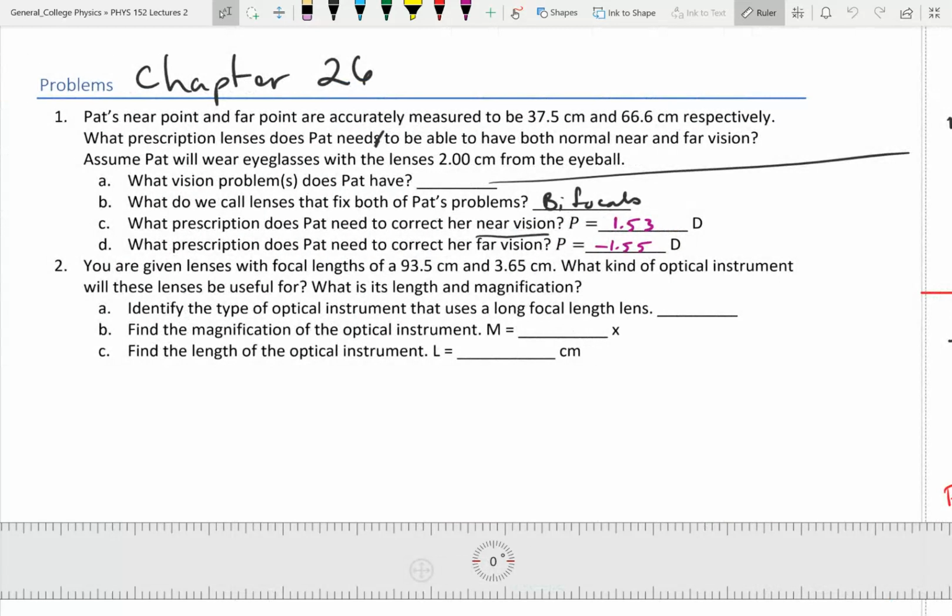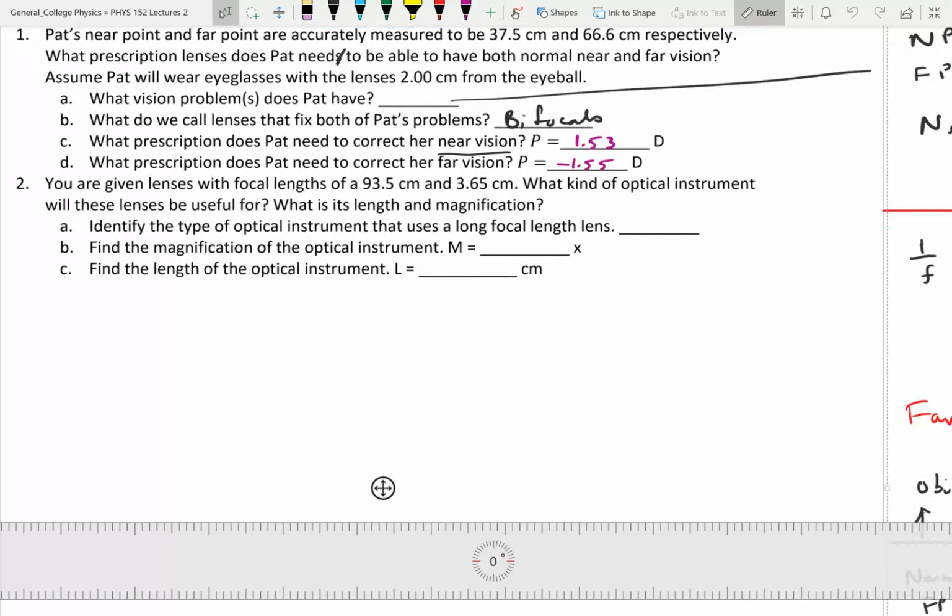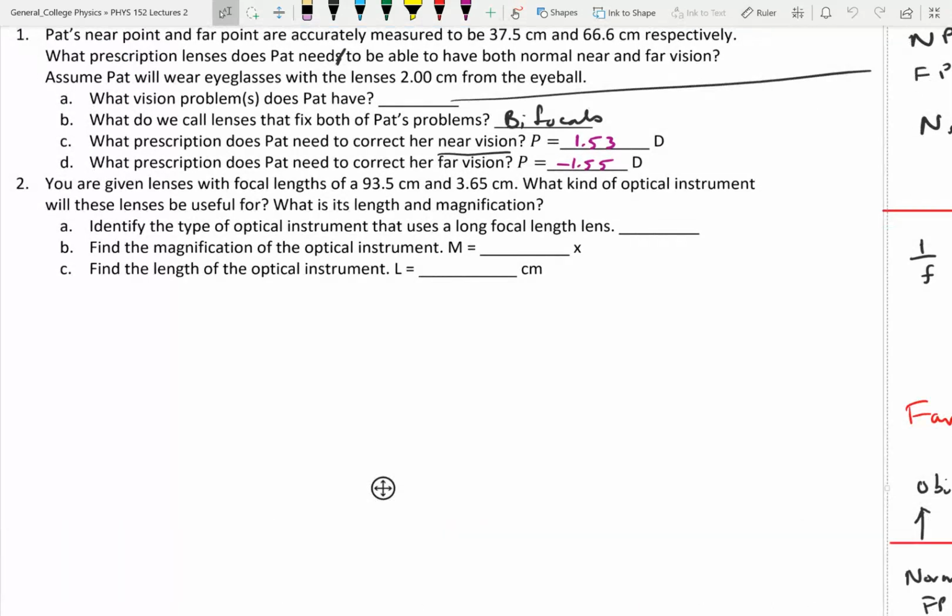All right, going on to the next problem. You're given two lenses with focal lengths of 93.5 centimeters and 3.65 centimeters. What kind of optical instrument will these lenses be useful for? Now, the two optical instruments that we've looked at were the telescope and the microscope.